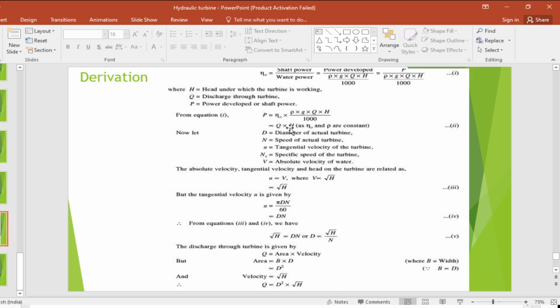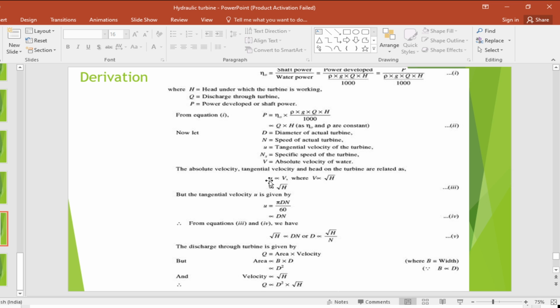The relation is that U is directly proportional to V, that is, tangential velocity is directly proportional to absolute velocity, and the absolute velocity is directly proportional to root of H.